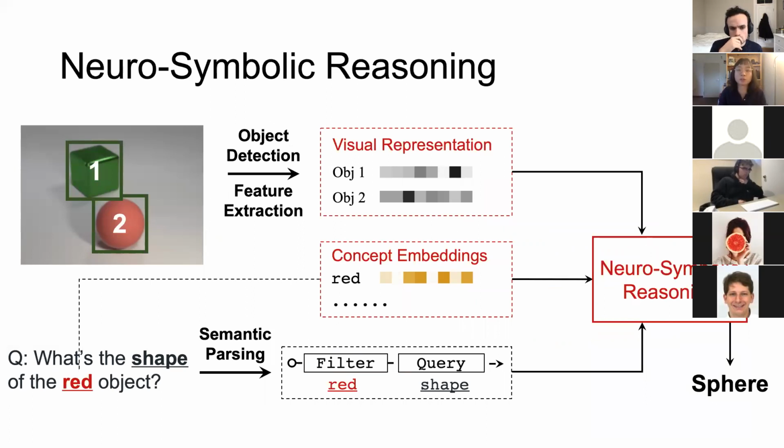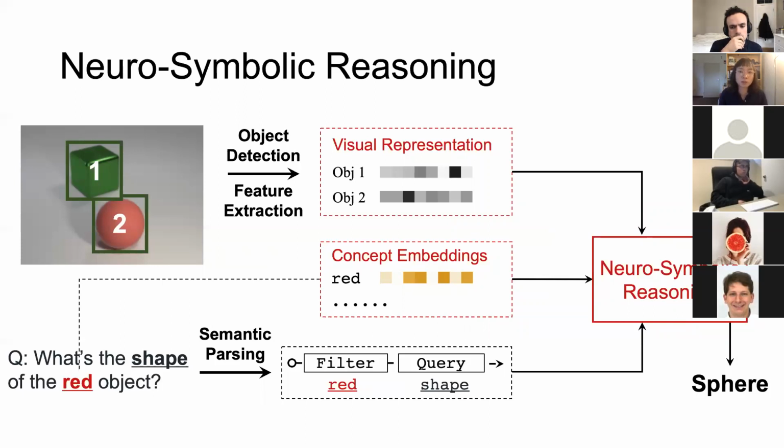In this neuro-symbolic reasoning process, all operations are just executed based on the similarity between object attribute representations and concept embeddings. So these things are all done in a latent embedding space. Thus, the derived answer will become fully differentiable with respect to the visual representations of objects, as well as the concept embeddings.